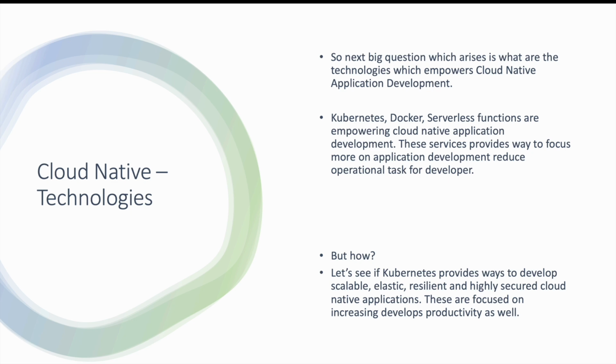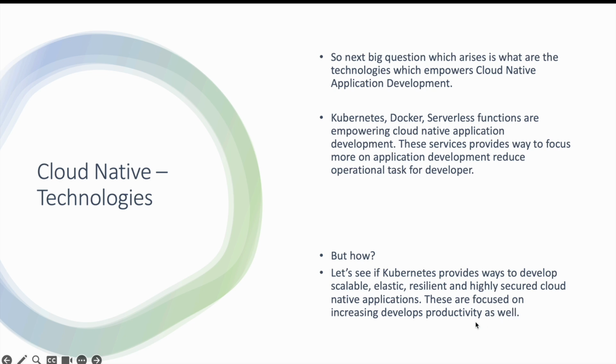So let's see that. Kubernetes, Docker, and serverless functions are empowering cloud native application development. These services provide a way to focus more on application development and reduce operational tasks for the developer. But let's see how. How do they help? Kubernetes provides a way to develop a scalable, elastic, resilient, and highly secured cloud native application.